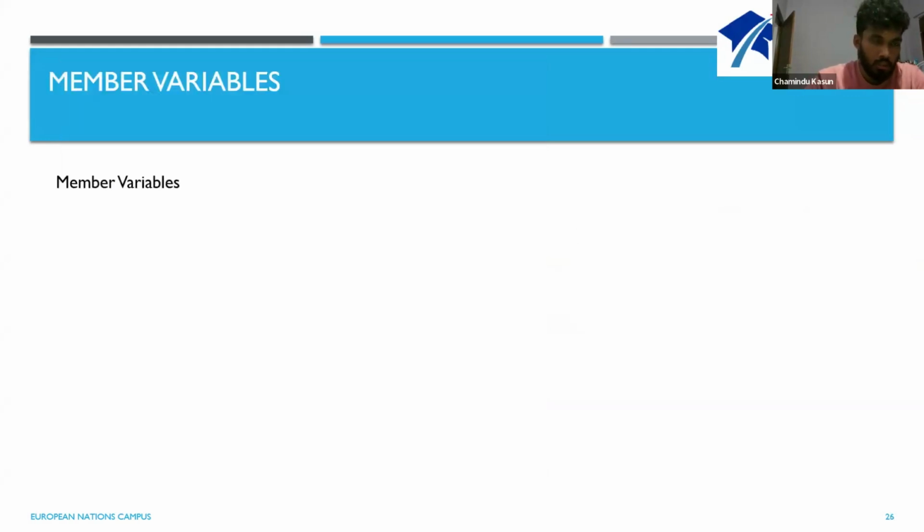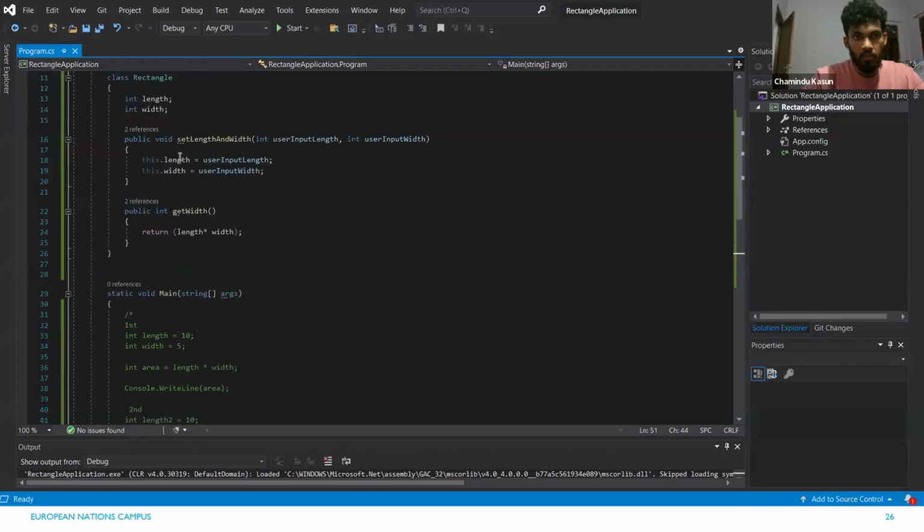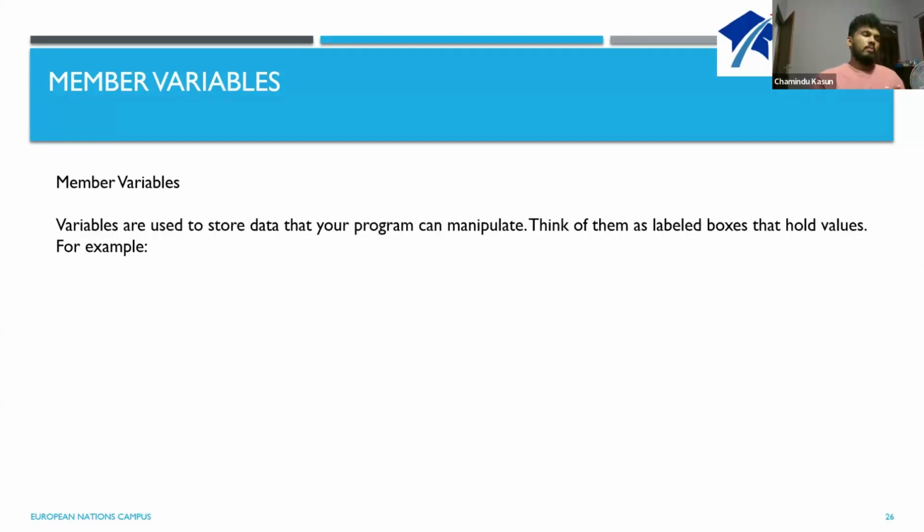So what is a variable? These are variables, right? Variables represent the attributes. What is a variable?